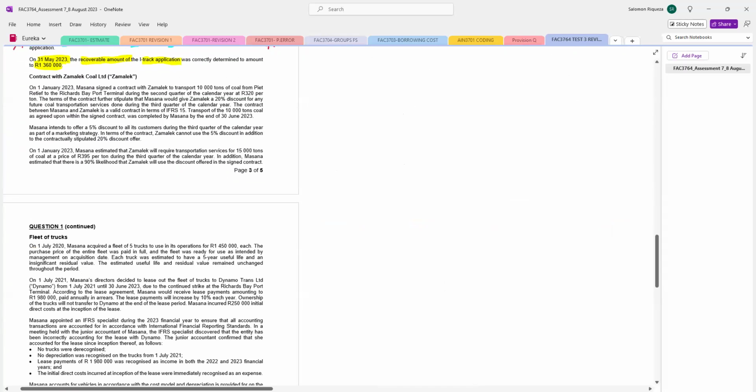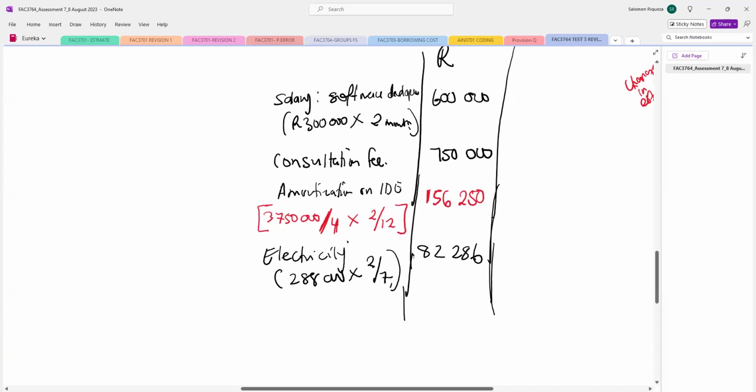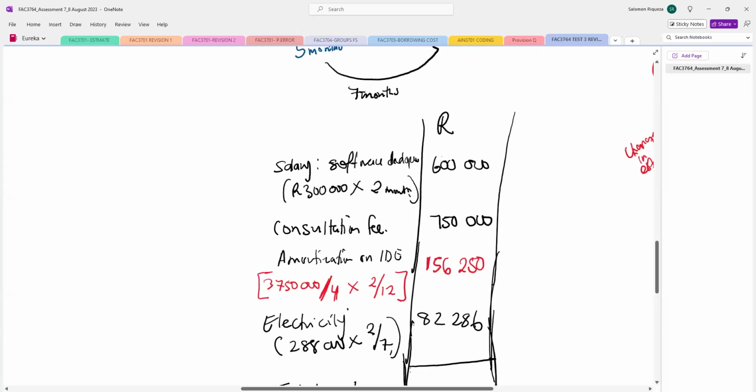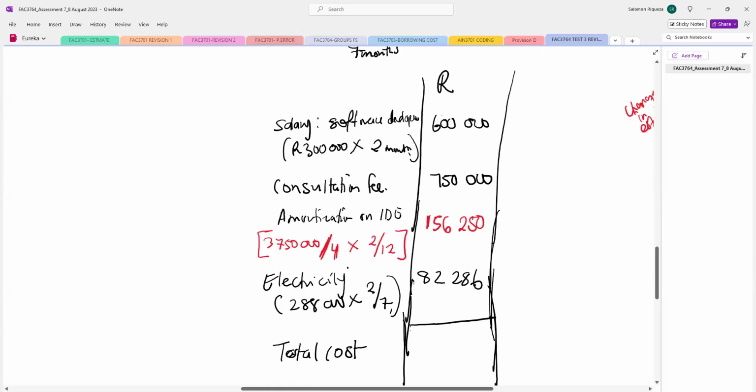So these are everything that will make up the cost of these intangible assets. At this point I can calculate my total cost of the intangible assets. Please let's add.